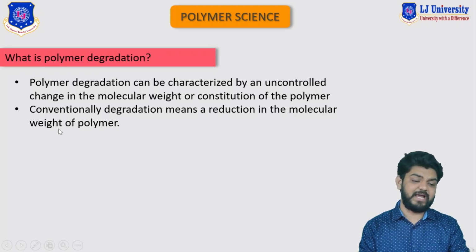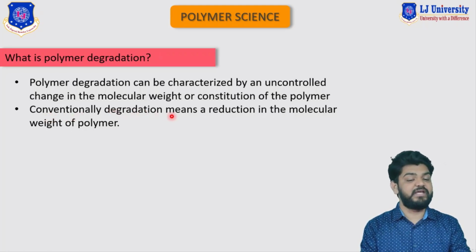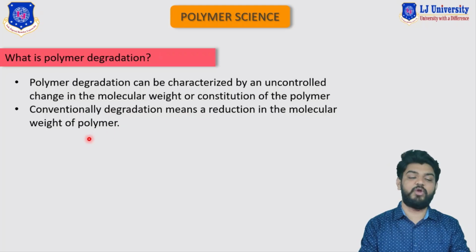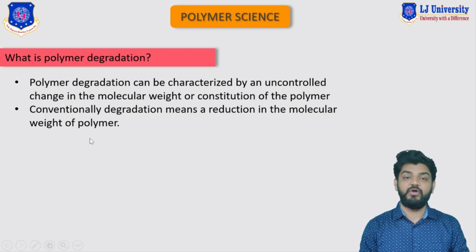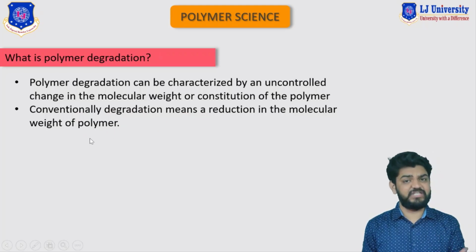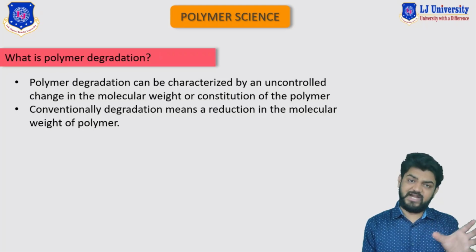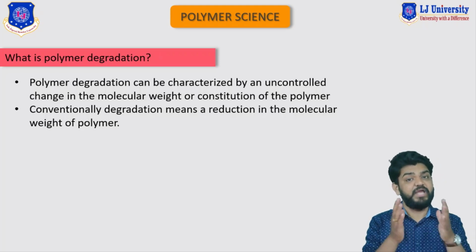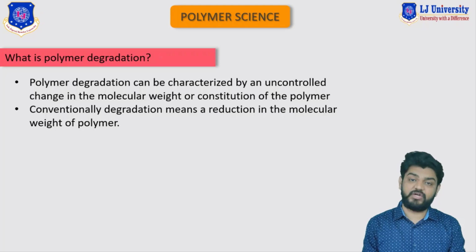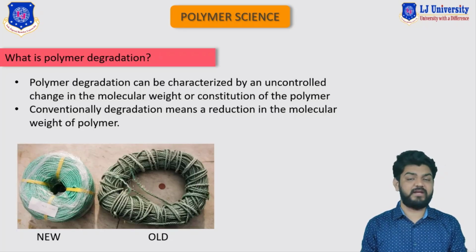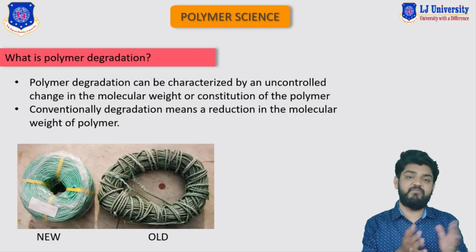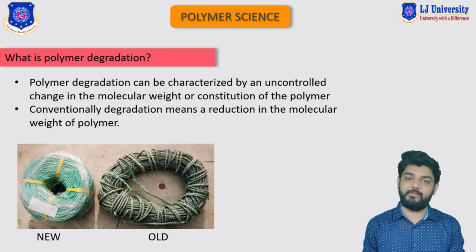So conventionally, degradation means reduction in the molecular weight of the polymer. Speaking in general terms, degradation can be considered as the reduction in the molecular weight of any polymer.